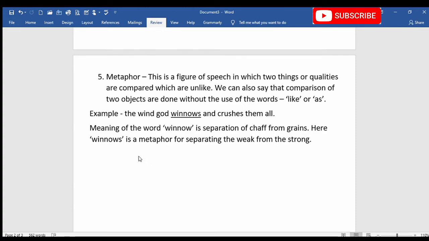And that is what the comparison is, from the original task of winnowing, which involves separation of grains, and here in the poem, according to the poet, the wind god also separates, but separates the weak from the strong. So this is an example of metaphor.